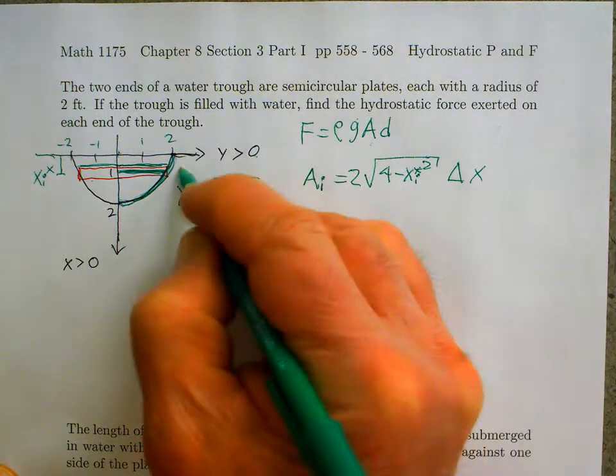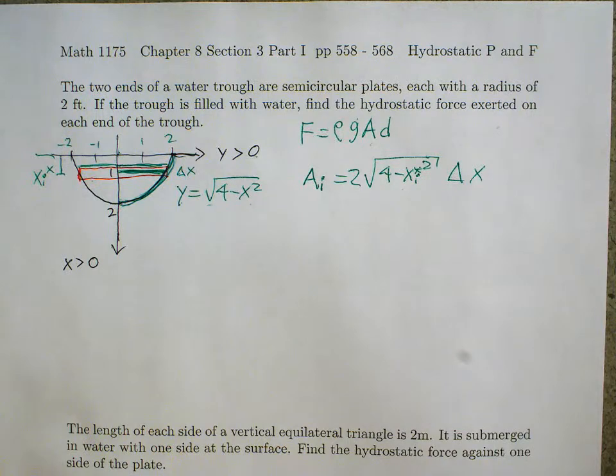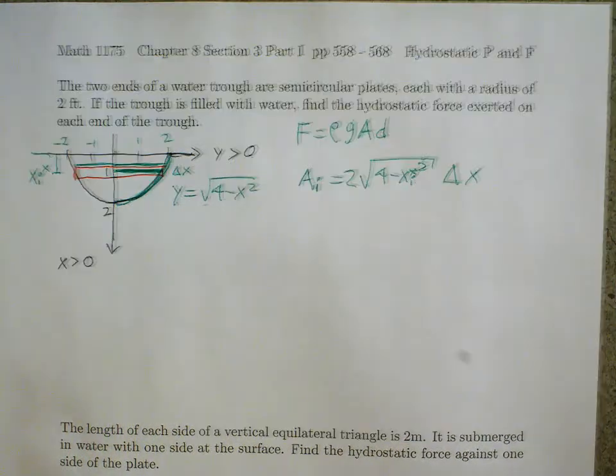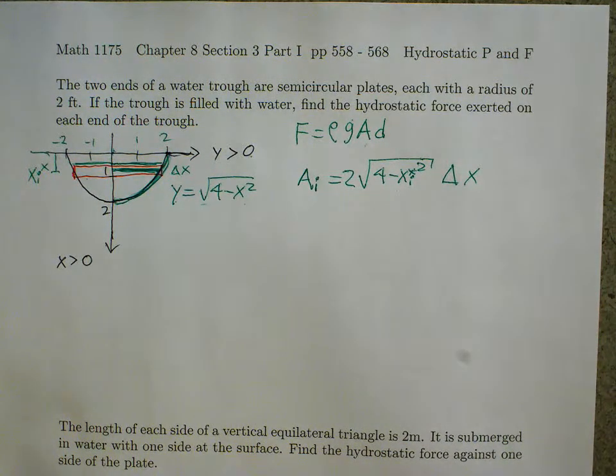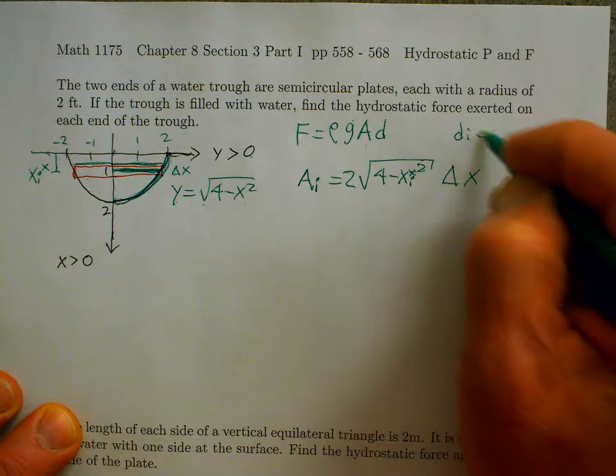Delta x is the width of that rectangle. And d sub i is just x sub i star.